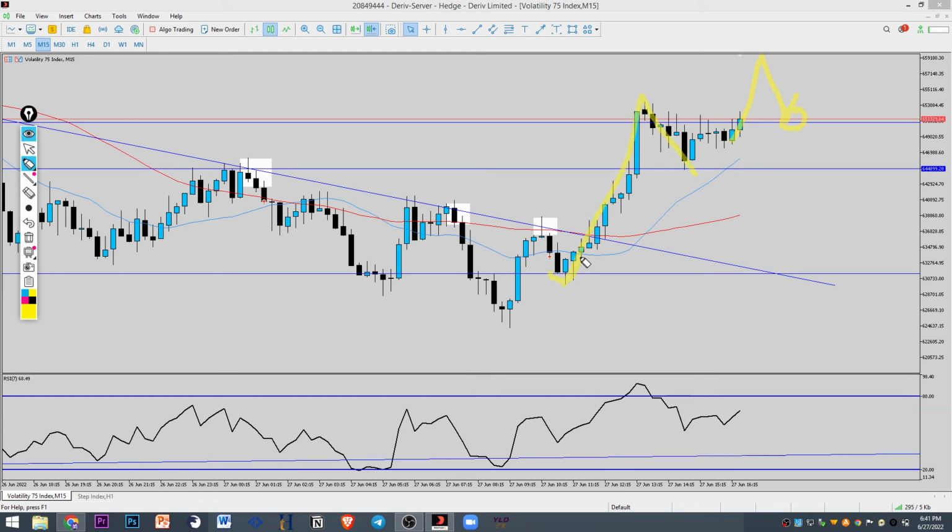This is our first leg, our second leg, and now we're only waiting for our extension leg to the upside. You could have taken entries from this area, but the safest entry is going to be once price breaks this region here at 651, breakout, retest, or also on this previous region, and then continue this price flow to the upside.